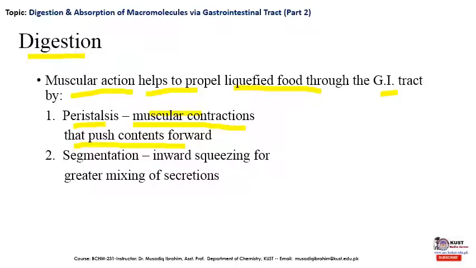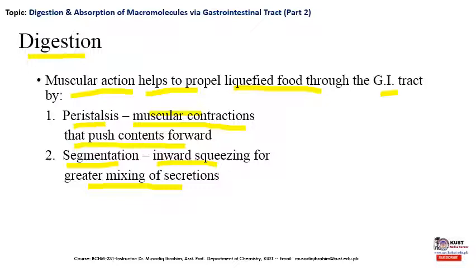Then there is segmentation. For example, in the case of the small intestine, there are three segments present, that is the duodenum, jejunum, and ileum. What the segmentation is doing is causing inward squeezing for greater and proper mixing of the secretions.